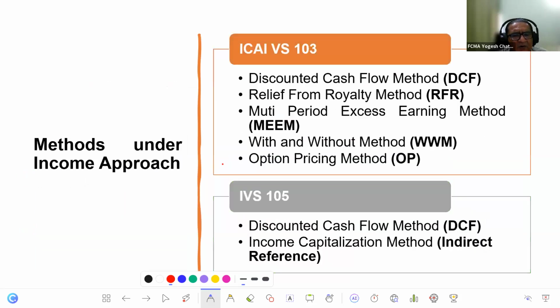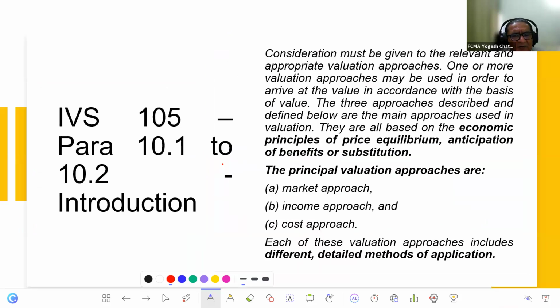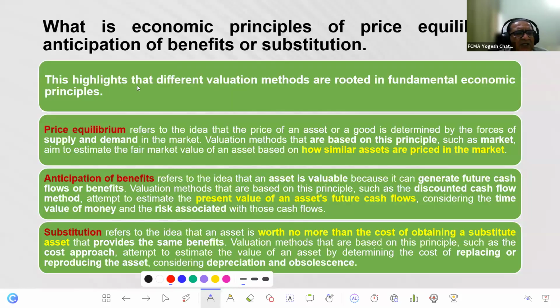If we go a little deeper into that, let me take you there. You may already know this: these three valuation approaches are rooted in fundamental economic principles.